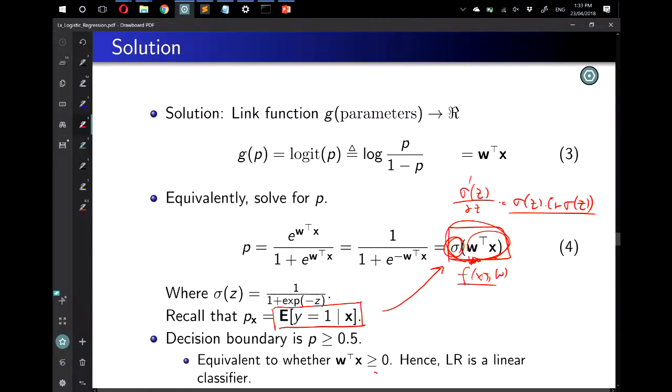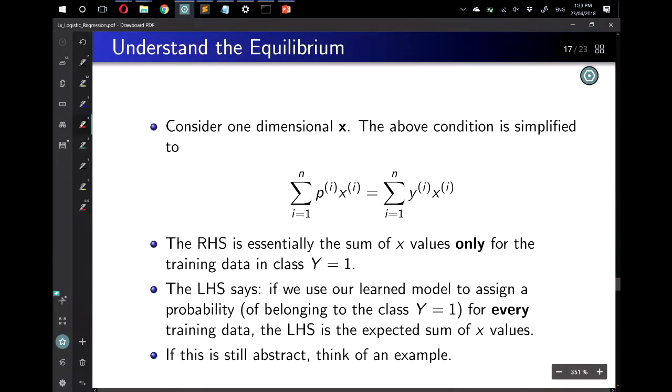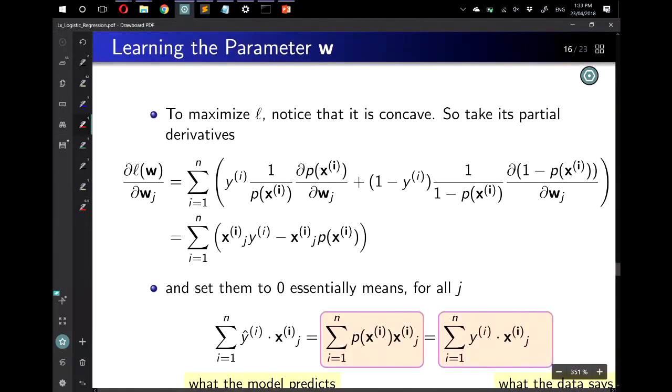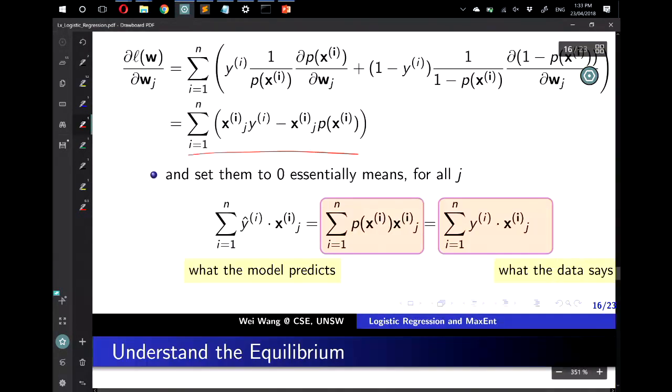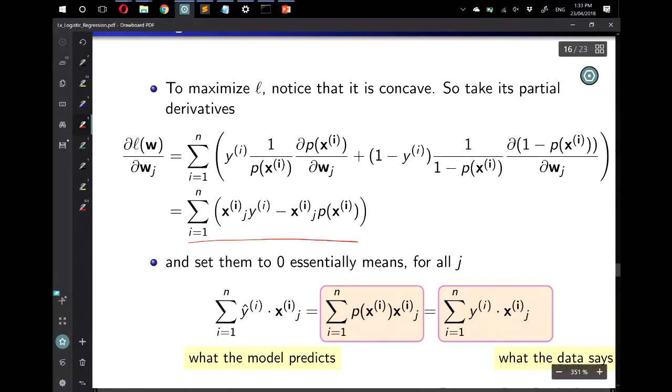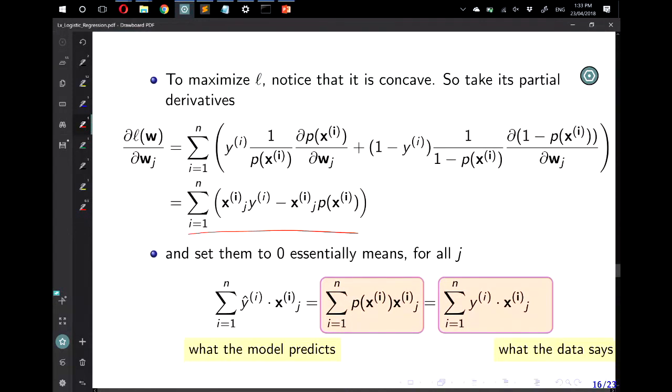So if you use that fact, the derivation will be shorter. But anyway, if you do the derivation right, you end up with this kind of thing. And at the maximum point, it should be equal to 0. So if you set it equal to 0, you end up with something which is actually very familiar.